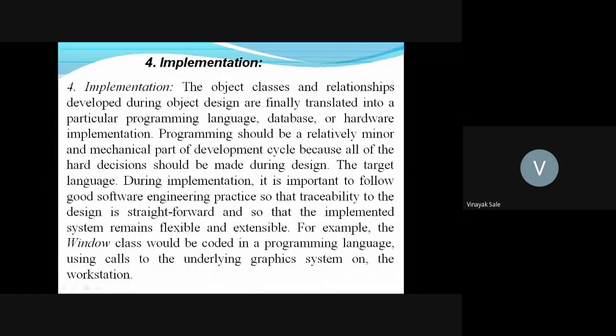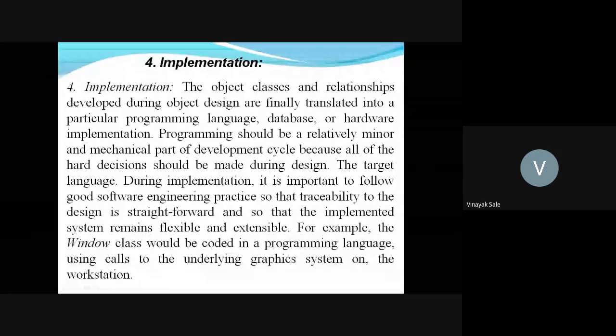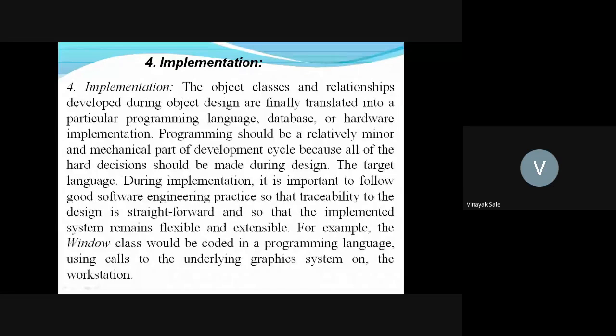The objects, classes and relationships developed during object design are finally translated into a particular programming language, database or hardware implementation. Programming should be a relatively minor or mechanical part of the development cycle, because all of the hardware decisions should be made during design.